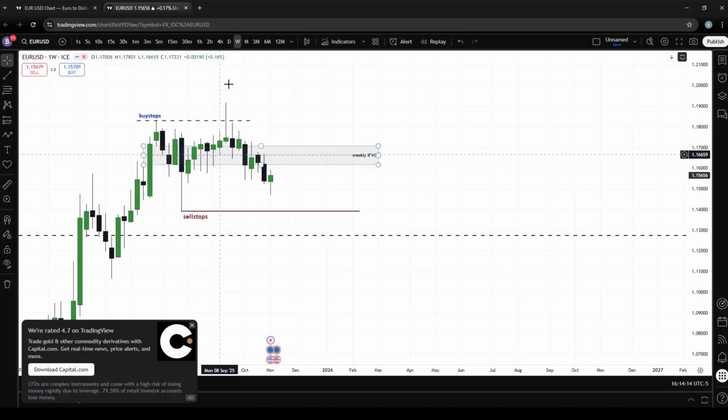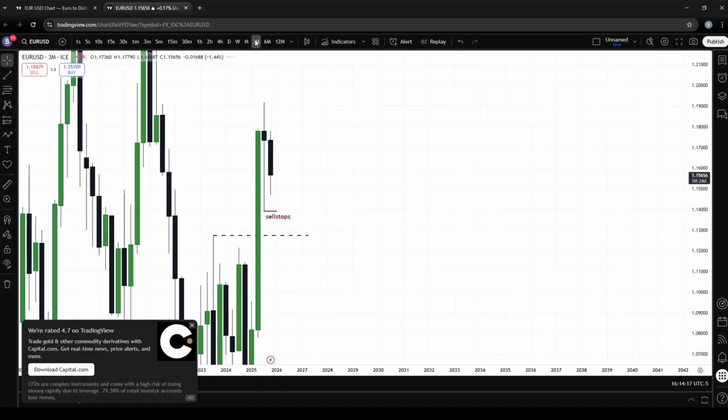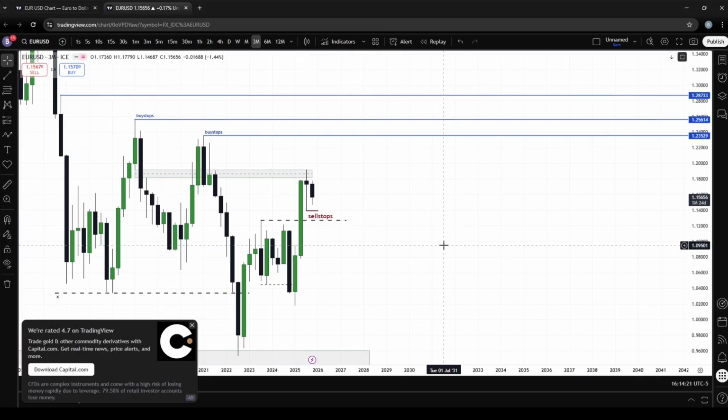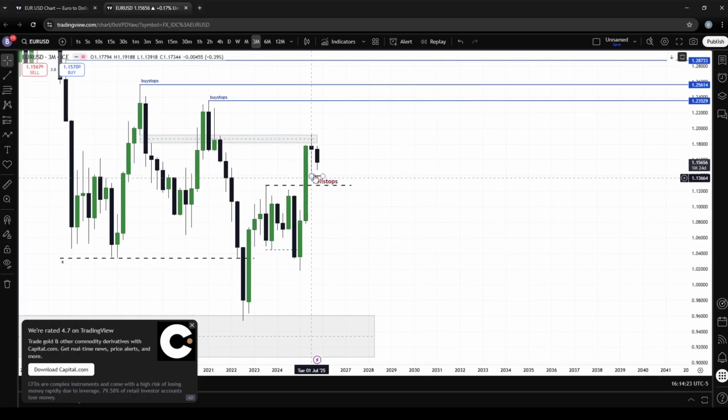When you change it into 3 months, from a higher time frame to a lower time frame, you can see this is a massive fair value gap, this is an order block. So highly likely this place has a lot of liquidity. That's why the market is trying to come and retest this level.